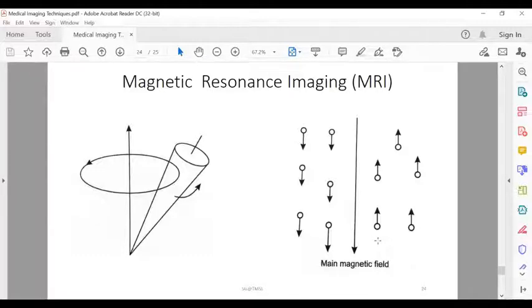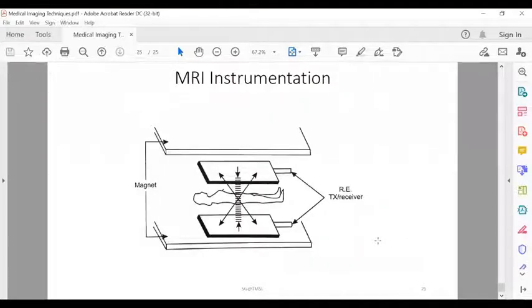Here the emitted energy can be detected, digitized, amplified, encoded, and transformed by a computer into cross-sectional images.